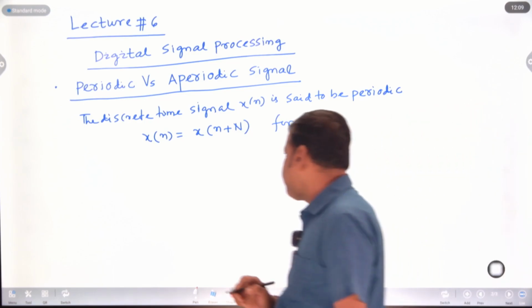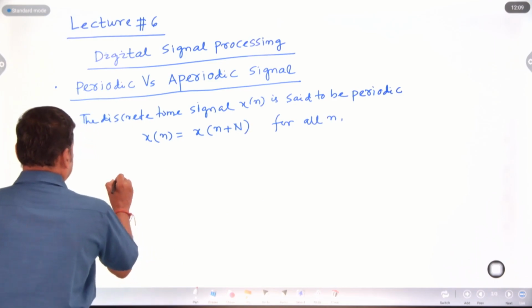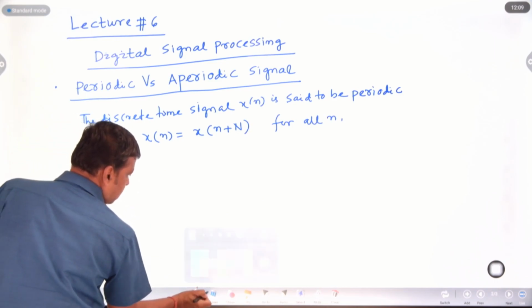For example, suppose the sequence is like this.